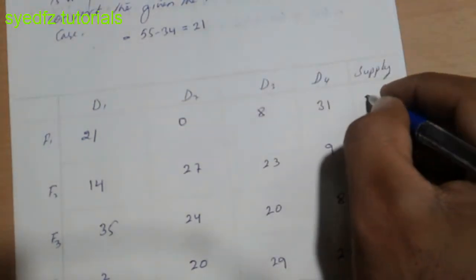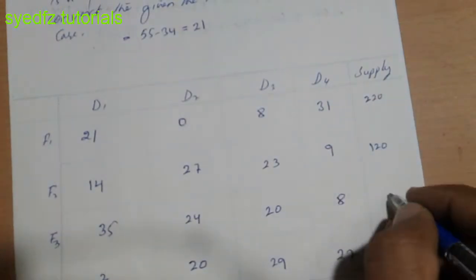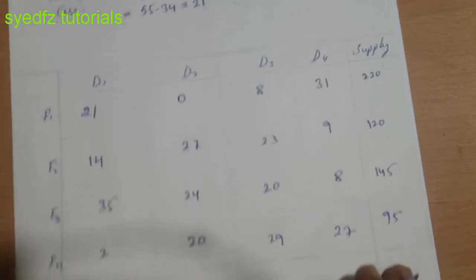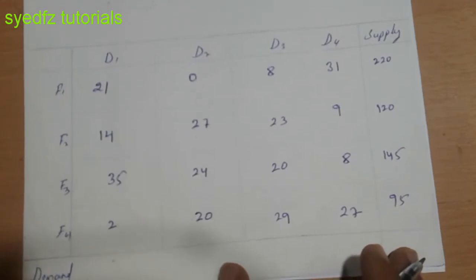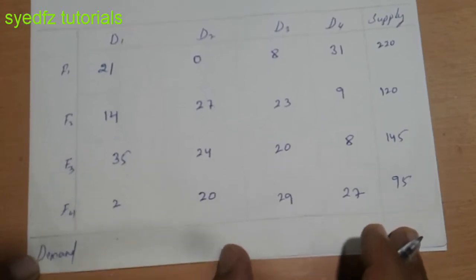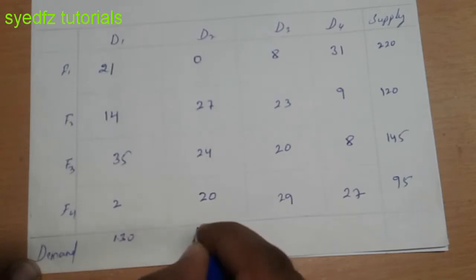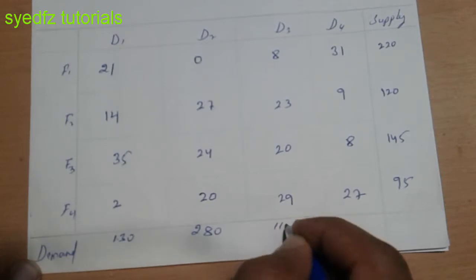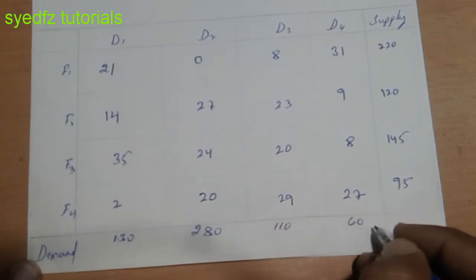The supply should remain the same. Supply is the same; only the table cells inside change. This is 95, this is 130, and the demands are 280, 110, 60.